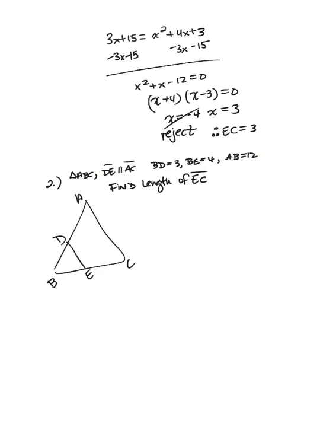So let's see, we have BD being 3, BE being 4, AB, that's this entire piece is 12, and we want to find this little piece here. So you may want to draw your two triangles again. That's 4, that's 3.